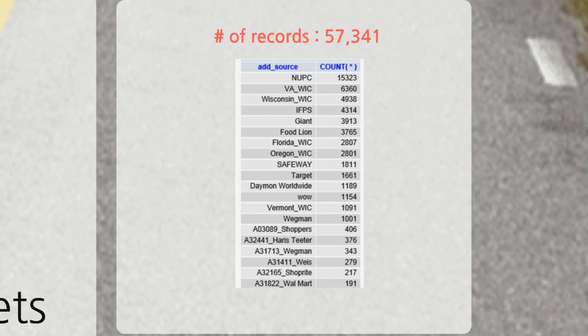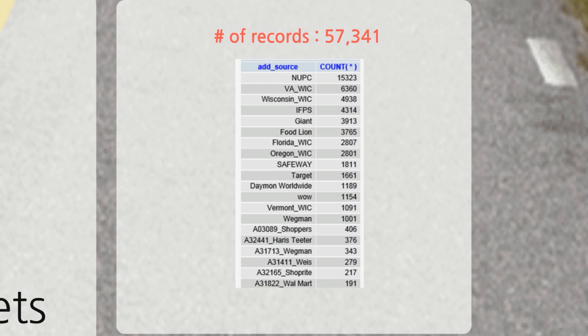And this is the table for our current UPC pool. The total number of UPCs we have right now is about 57,000.